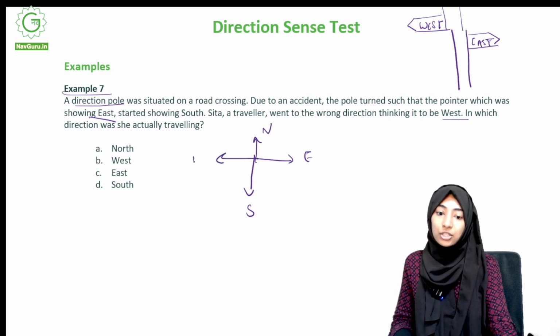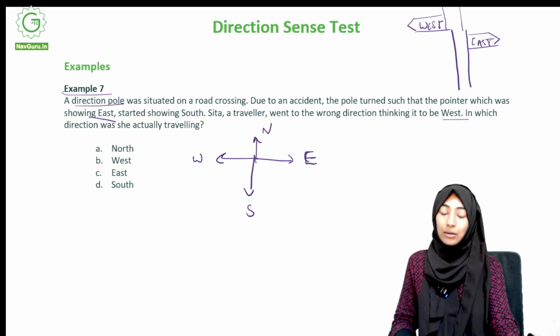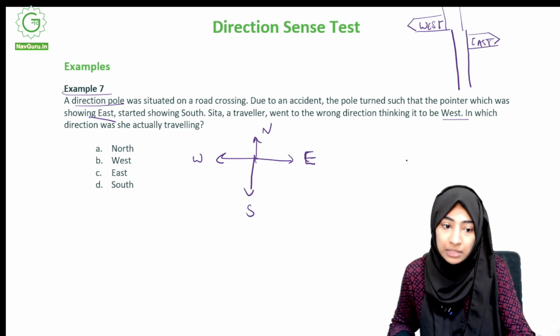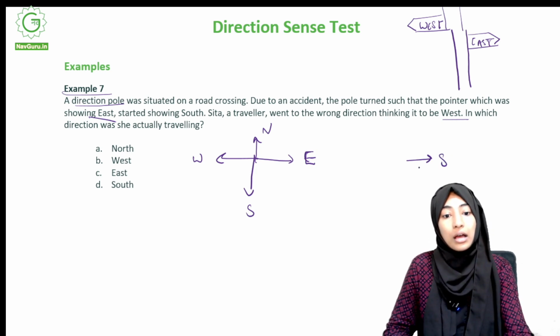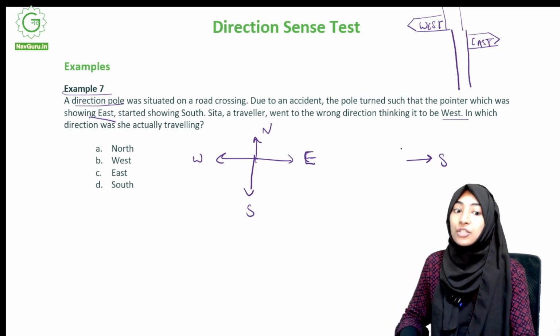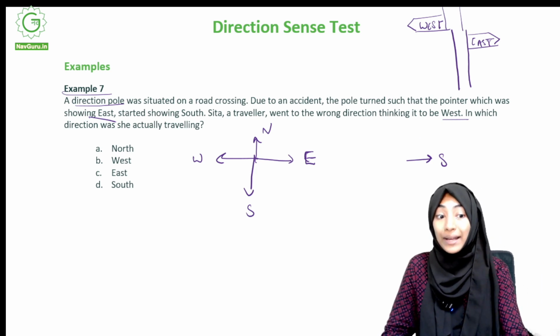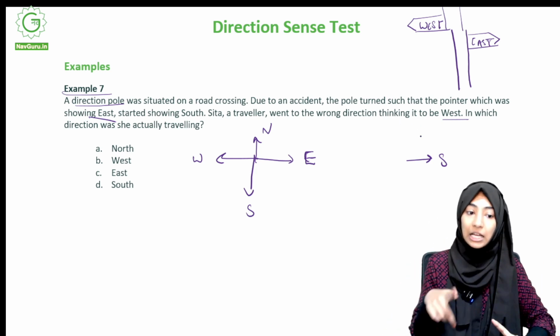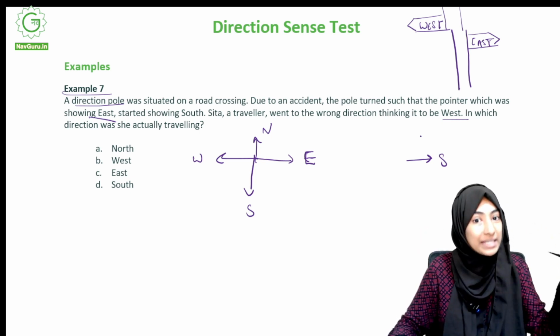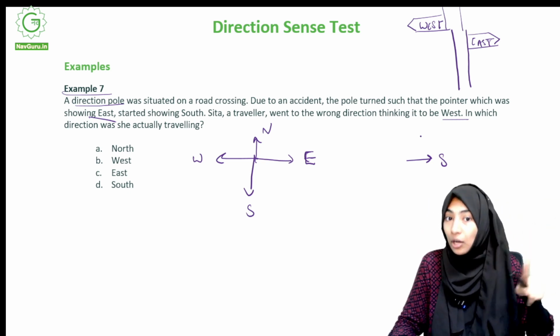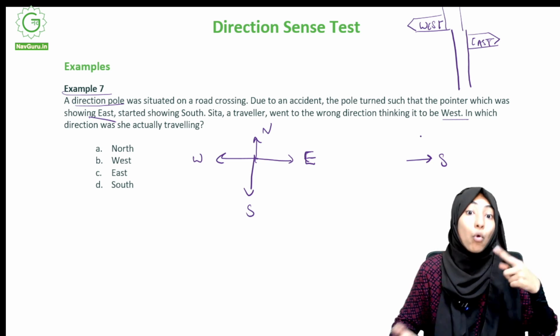This direction which is east became south. Now what is the question? The question is, Sita, a traveler, went to the wrong direction thinking it to be west. Sita looked at the pole, found out what west was and went in that direction, but that was not actually west. We need to find out what was west.